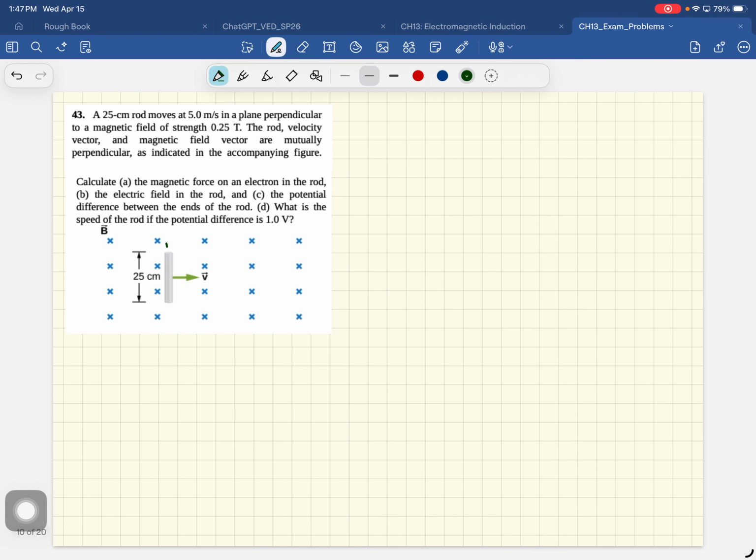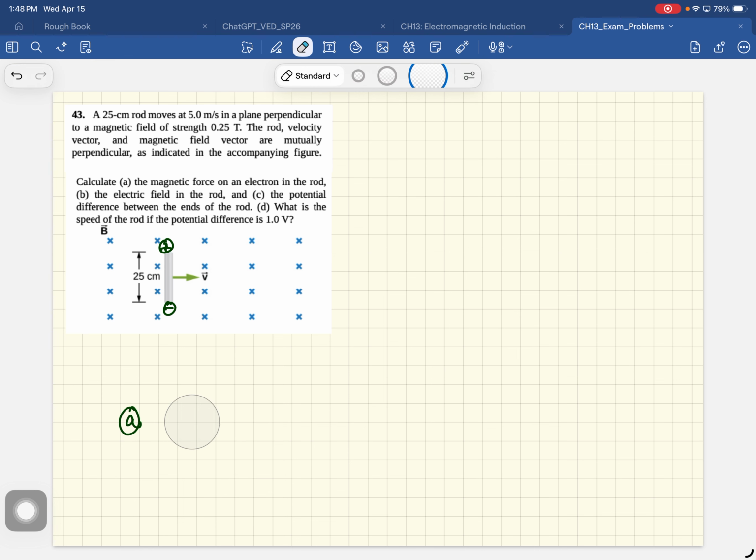So that's the electric field strength. And this is convenient because if the rod is 1 meter, the voltage across the rod will be 2.5 volts. And if the rod is 2 meters, the voltage would be 5 volts and so on. The longer the rod, the greater the voltage you'll see.